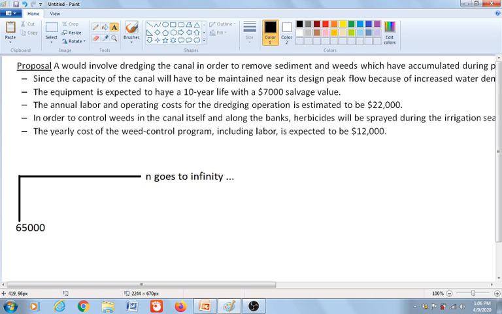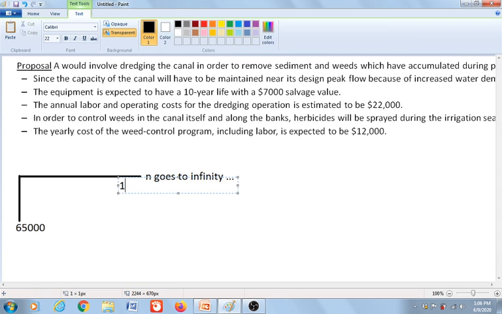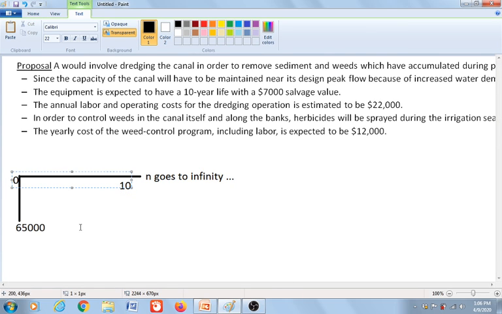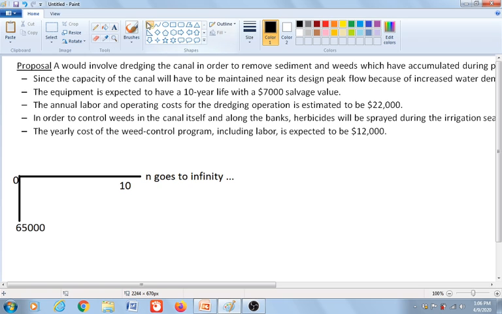So the life of the equipment is 10 years, with a salvage value of 10,000. Let's assume that this is year 10 and this is year 0. So we'll have a salvage value of 7,000.